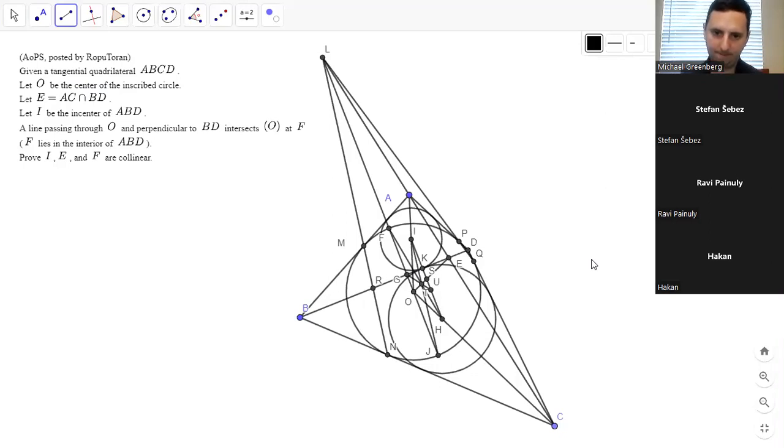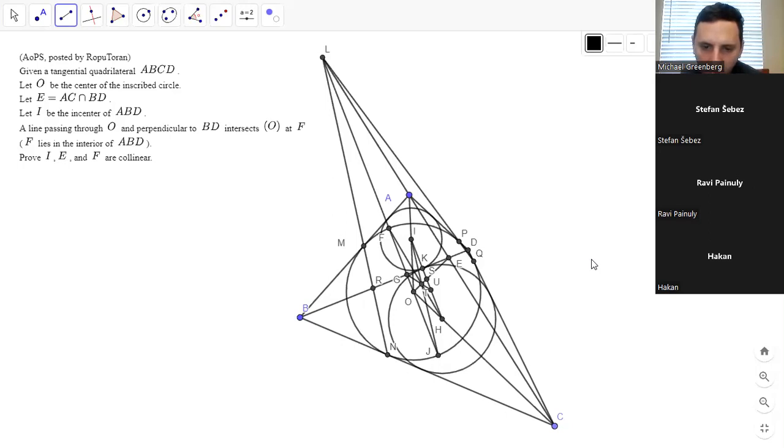Like this, G and U are corresponding points in similar triangles TFJ and TIH. So we get that FG over GJ is UH over UI.